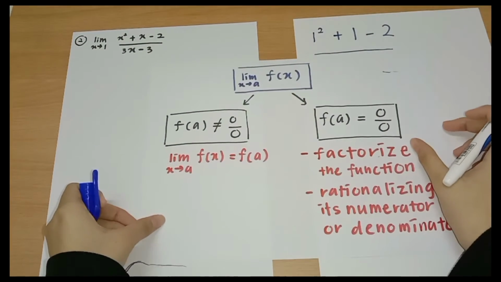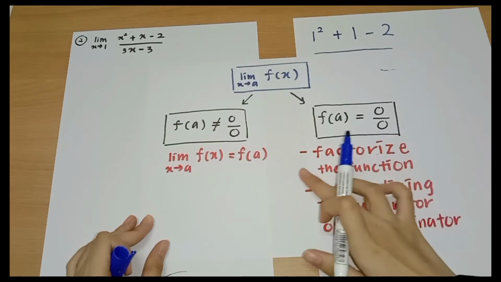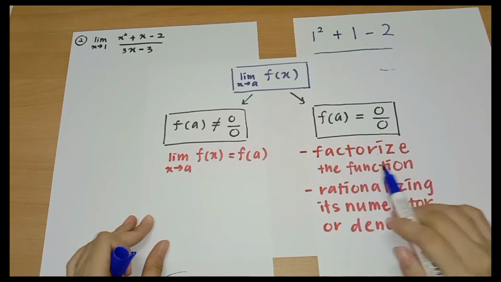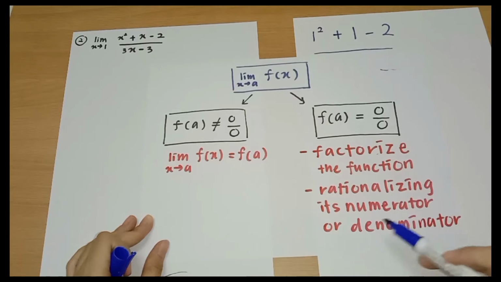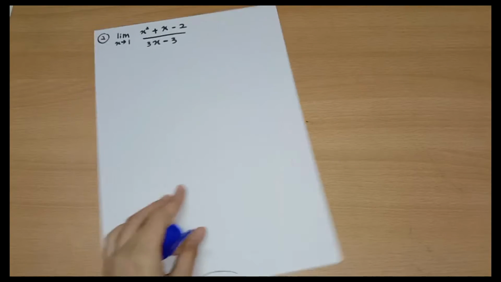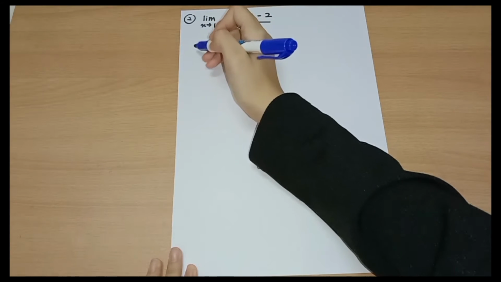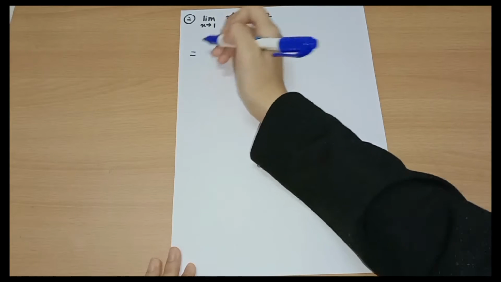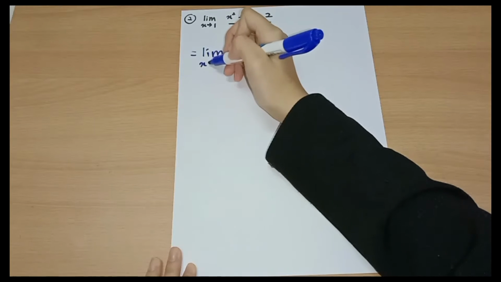Based on this, for f(a) equals to 0/0, we either factorize the function or rationalize its numerator or denominator. Okay, so for this type of question, we will factorize the function.